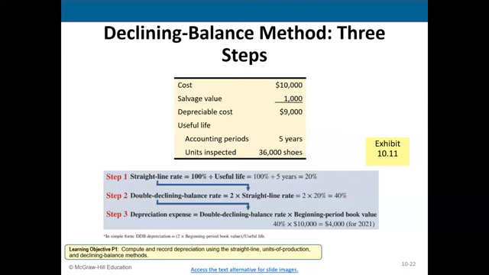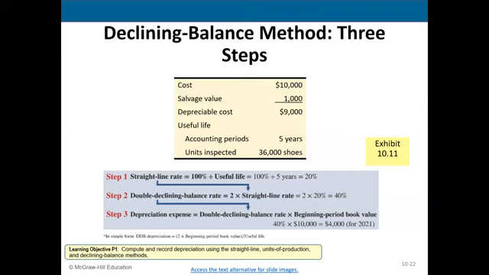The second step is we're going to double the straight line rate. How do you do that? You take your 20% and multiply by 2. 20% times 2 is 40%. So now that we got our percentage, we got to figure out our depreciation expense.